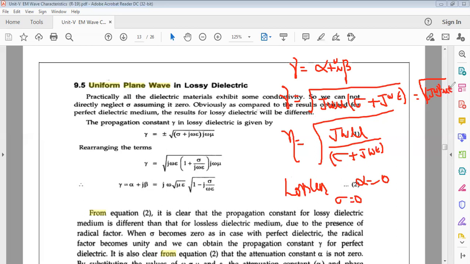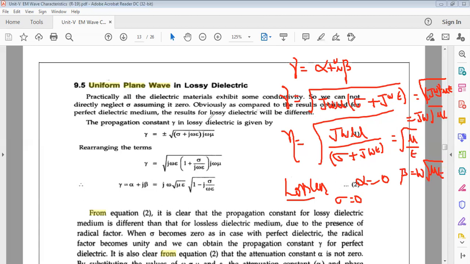Bringing j omega outside, gamma is j omega under root of mu epsilon, having only the imaginary coefficient. So alpha is equal to 0, and beta is equal to omega under root of mu epsilon. Similarly, the conductivity is 0 in the lossless case, so eta is equal to the square root of j omega mu by 0 plus j omega epsilon, which means square root of mu by epsilon.